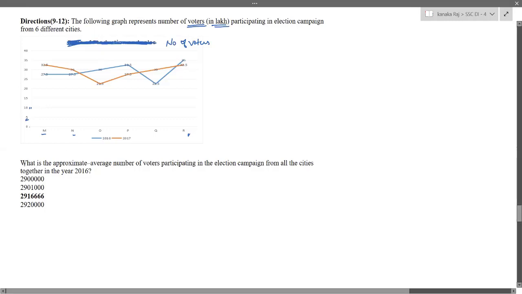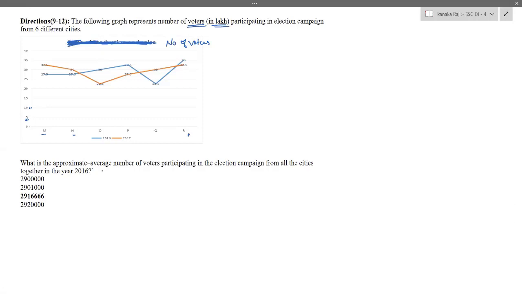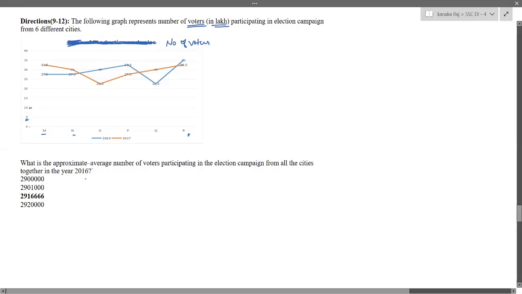Now let us look at our first sub question here. They're asking us to find the approximate average number of voters participating in election campaign from all the cities together. So first, we need to find the sum of all the people participating in election campaign for the year 2016. 2016 is represented by a blue line here.